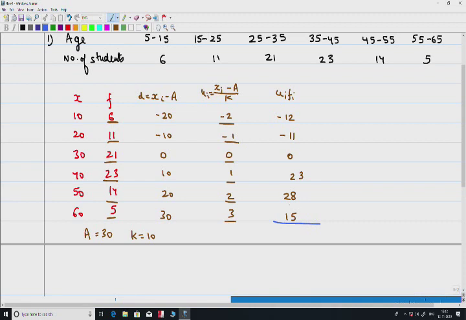So when we will add these values, this minus 12 and minus 11, that is minus 23, and this plus 23 will get cancelled out. So 28 and 15 we are getting. So 28 and 15, it will be 43. Similarly, if we add all the values of f, it will be 80.